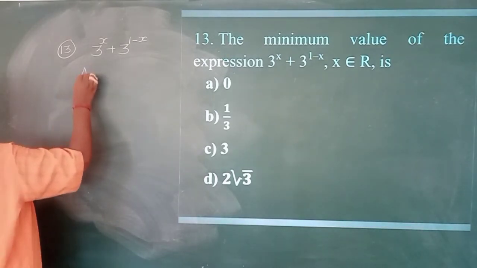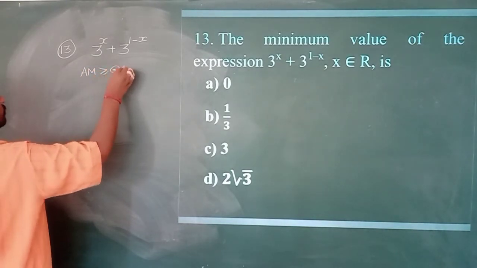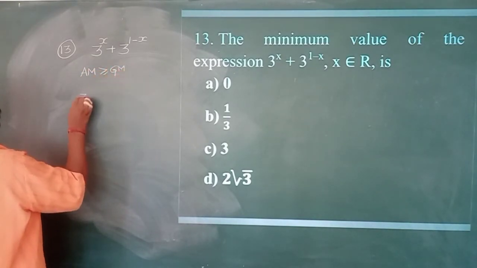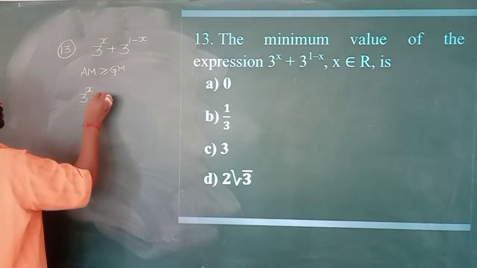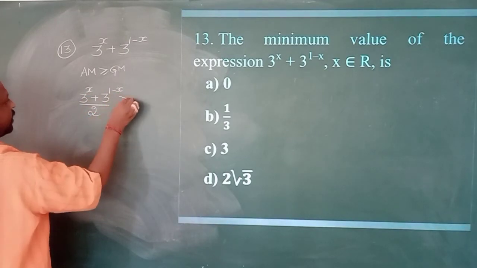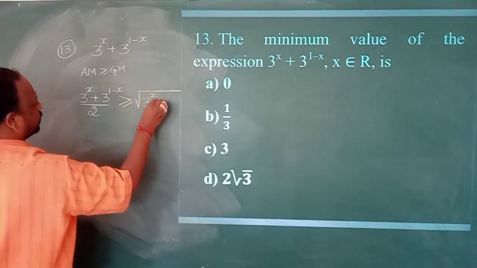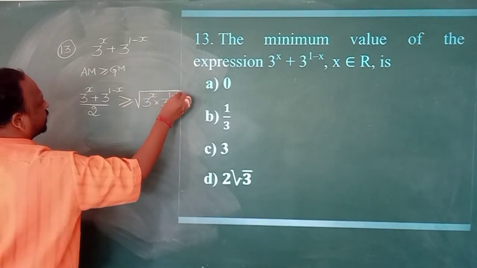For this we have to use again arithmetic mean greater than or equal to geometric mean. So therefore, the arithmetic mean (3 power x plus 3 power 1 minus x) divided by 2 is greater than or equal to the square root of 3 power x into 3 power 1 minus x.